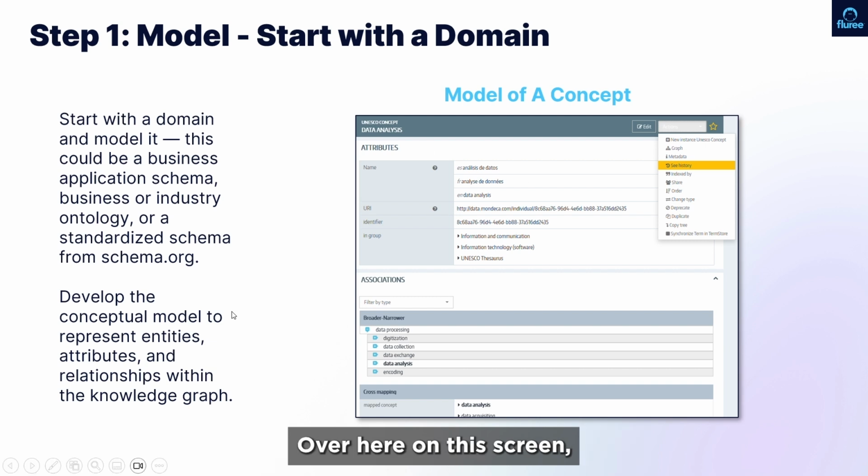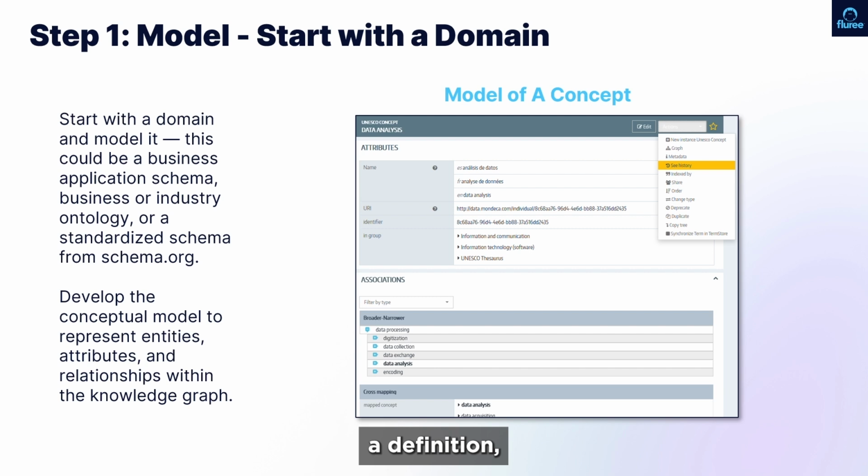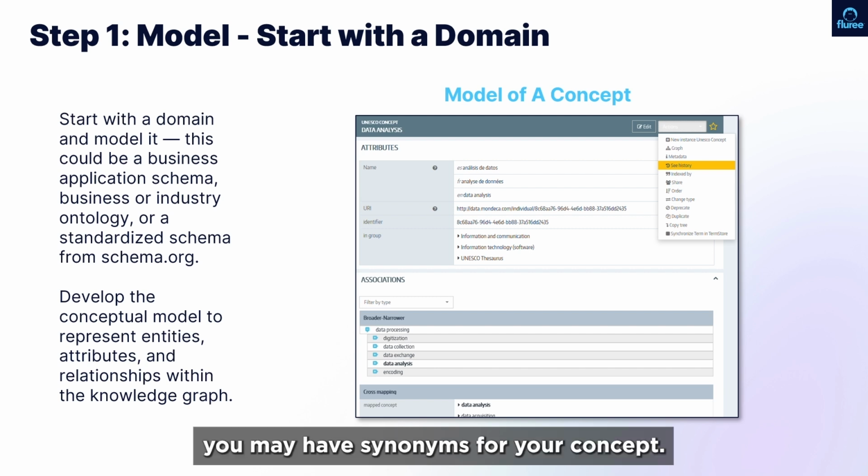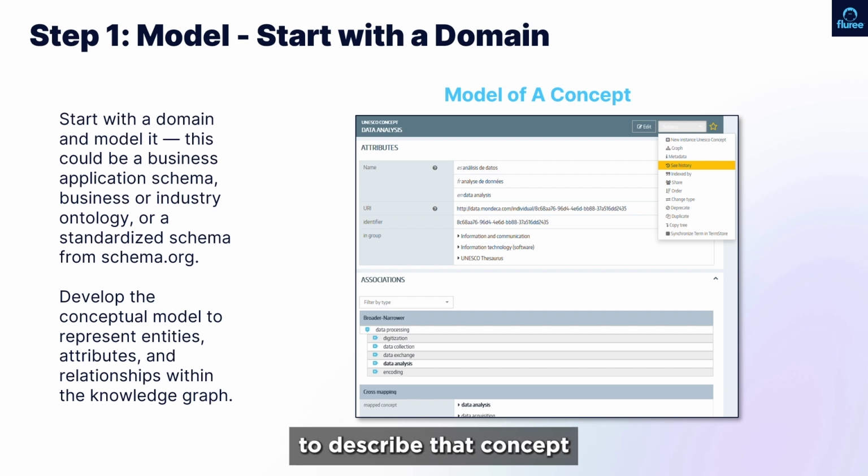Over here on this screen, you can see an example of what it looks like to model a specific concept. In a concept, you're going to have a name and a definition. You may have synonyms for your concept. You may have different ways to describe that concept across multiple languages.